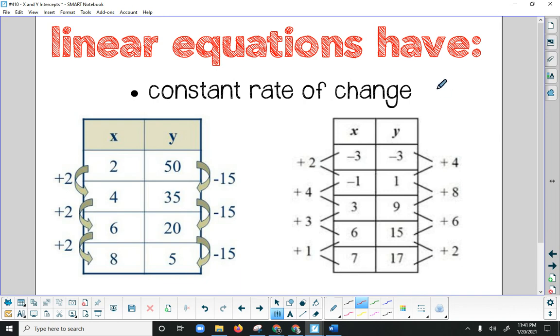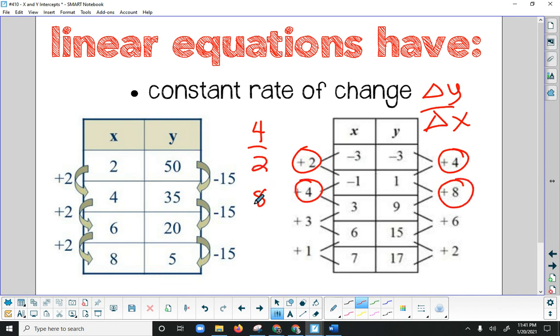And the reason for that is because the ratio of the change in y to the change in x, although the values are different, they're still the same. These fractions all reduce to 2.